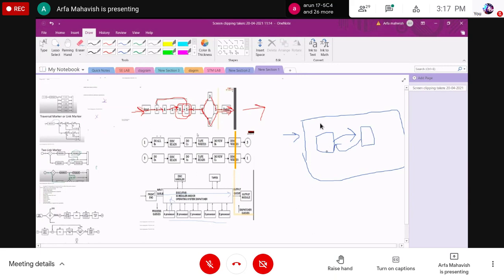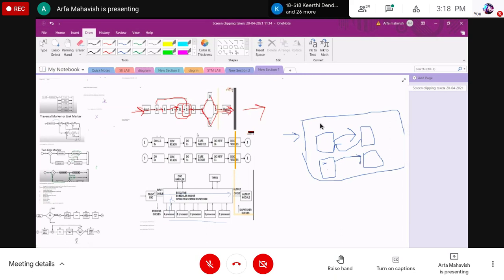If your card is valid, then you can withdraw the amount, or you can check the balance or anything. If you want to withdraw an amount, you enter the amount, that amount will go to the bank, and the bank will check whether it is a valid amount or not. If it is valid, it will withdraw your amount.